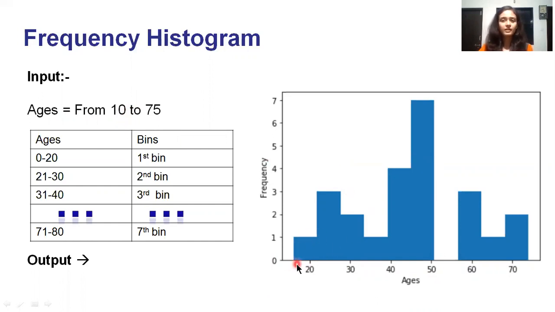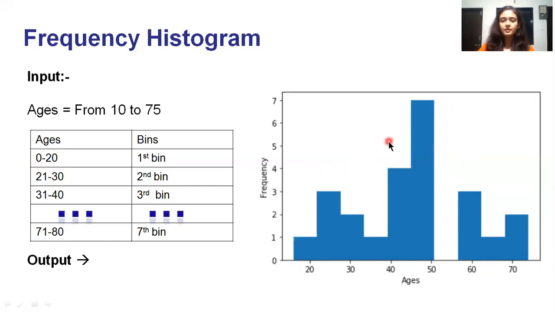So I have values like 10 to 20, then 20 to 30 and then 30 to 40. Whichever ages are from 0 to 20, we will call that the first bin, and so on. Here you can see age 10. Suppose this is my age 10. It is occurring only one time in the data set.